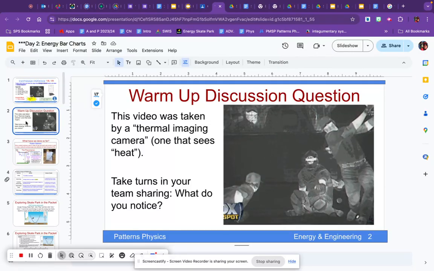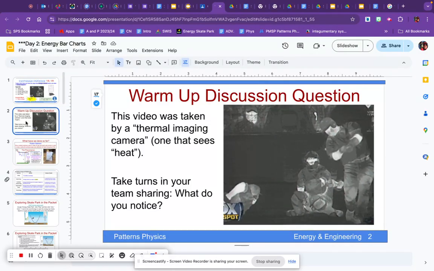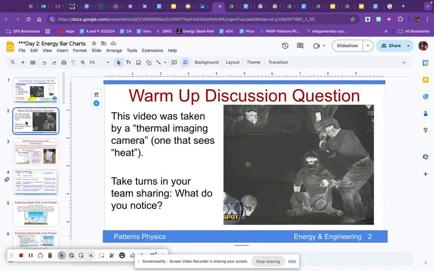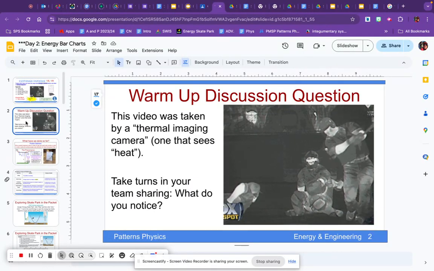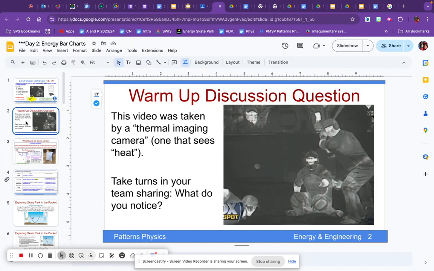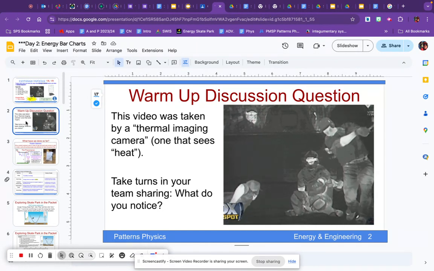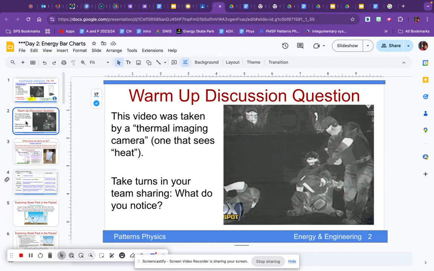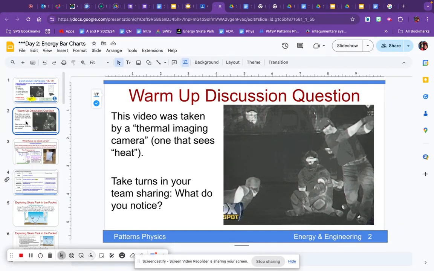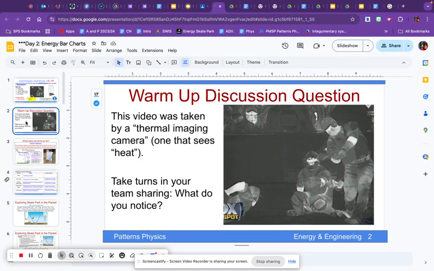So this is a thermal imaging camera, and it's of a hitter in a baseball game, and you can see the pitcher has thrown a ball, and when it hits the bat right there, do you see the heat that was given off by the friction?